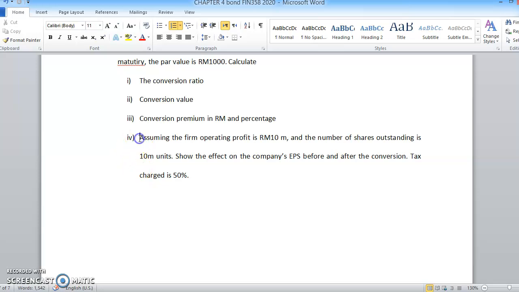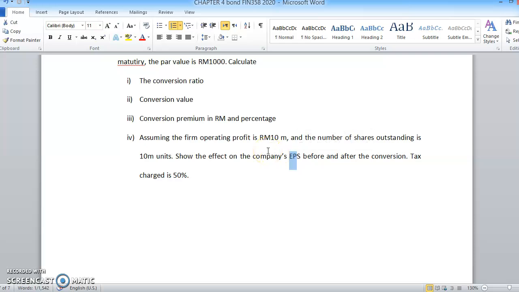So number 4 is, assuming the firm operating profit is RM10 million and the number of shares outstanding is 10 million units, show the effects on the company's EPS before and after the conversion. Tax charges is 50%. So EPS here is the earnings per share.